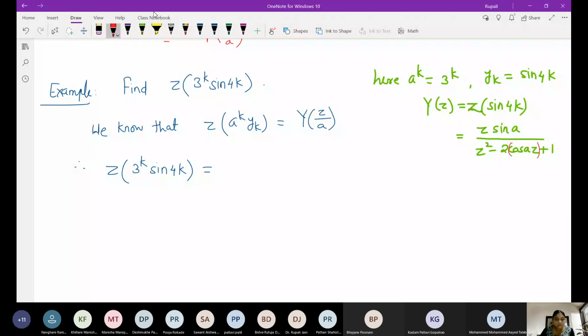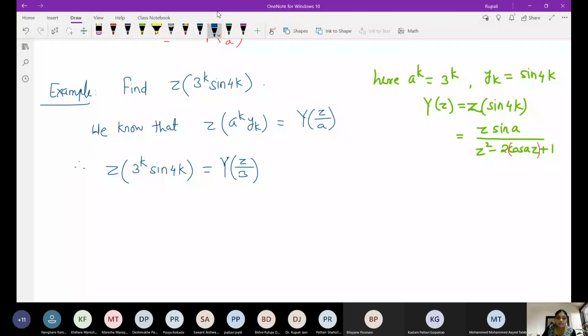Now by this, what is Y at z by 3? Here a raised to k is 3 raised to k, so a is 3.